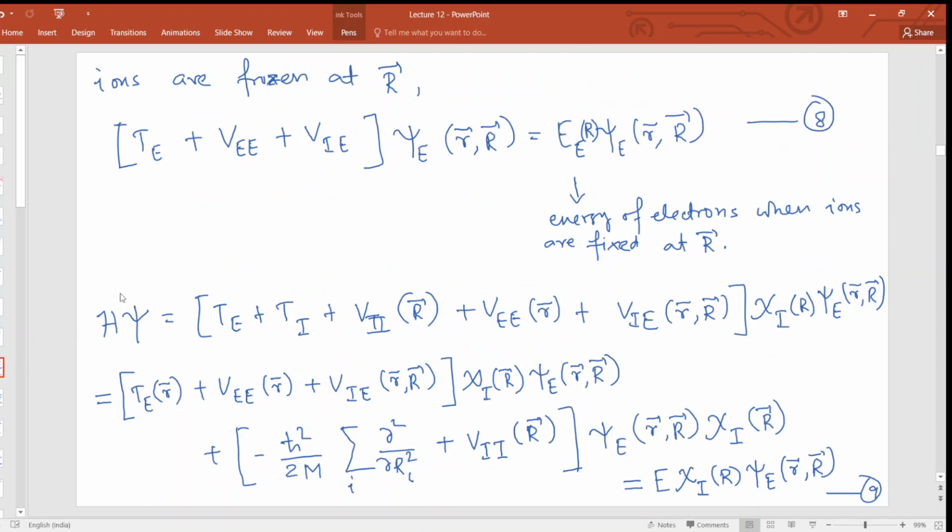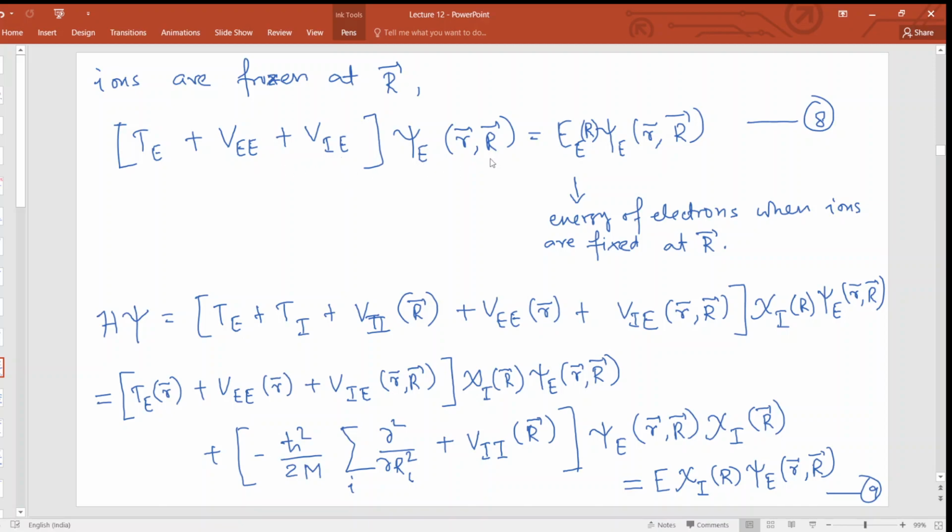Now, as we said, we are defining these collective coordinates, and here we are assuming that for the moment ions are frozen at coordinate R. If that is the case, then the ionic kinetic energy term will be zero, which means that we will have three terms: T_e, the kinetic energy of the electrons, then the electron interaction potential, and then the ion-electron interaction potential.